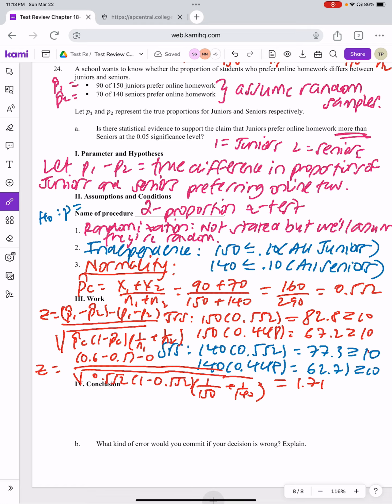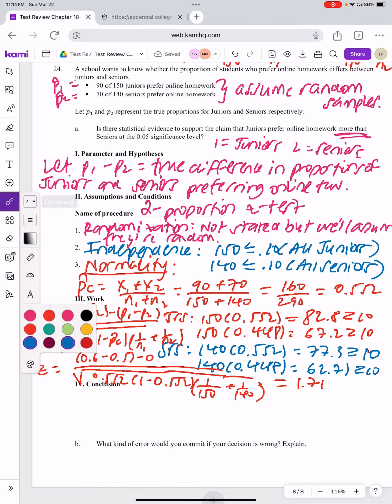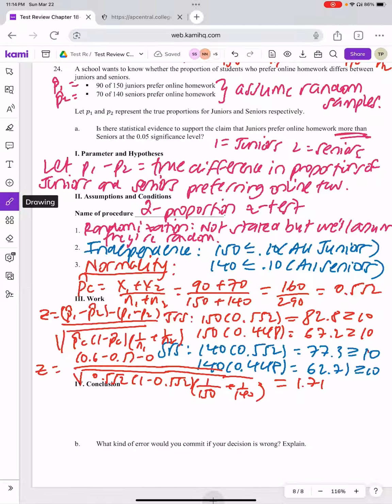H naught is P1 minus P2 is equal to 0, of course. And HA is that juniors is less than seniors. No, juniors are more, my bad. P1 minus P2 is greater than 0.